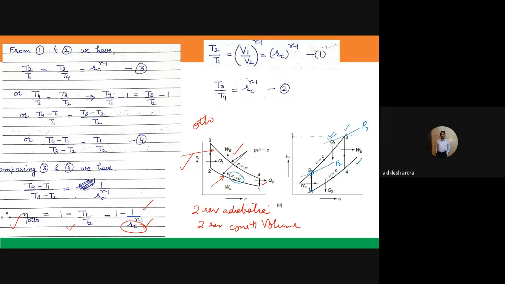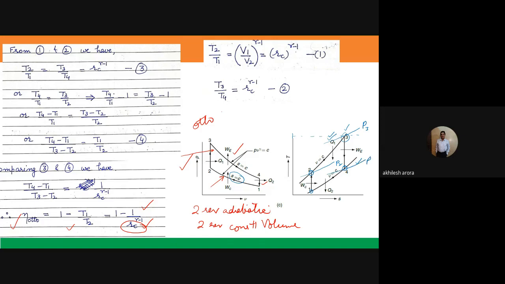Then during process 3 to 4, it is the reversible adiabatic expansion, and during this process temperature and pressure reduce. Moreover there is no heat transfer, so the entropy will also remain constant. That is why it's a vertical line from point number 3 to point number 4. If I draw the constant pressure line, that will be something like this.